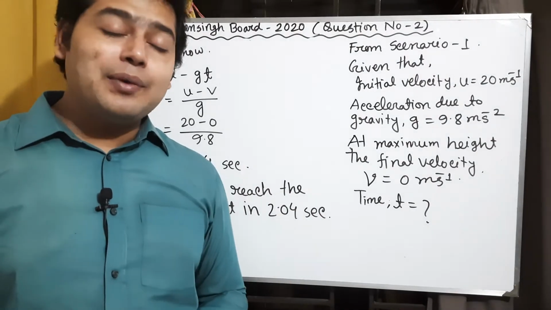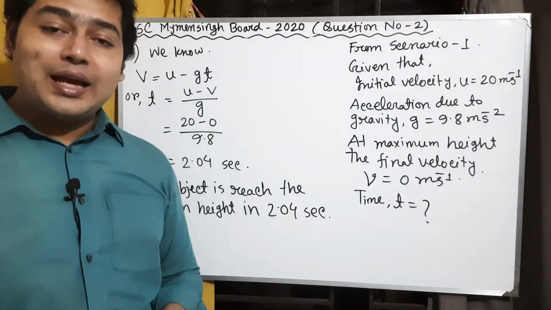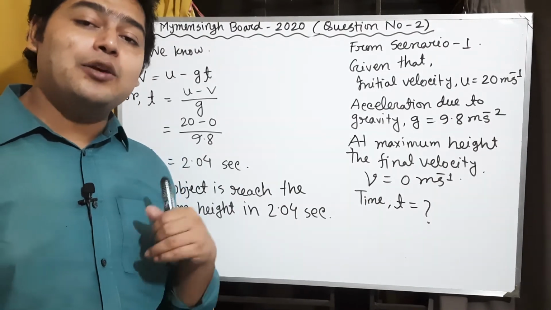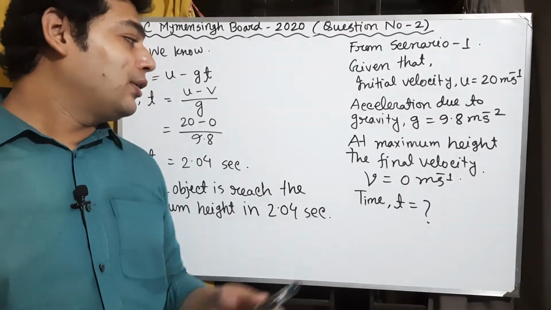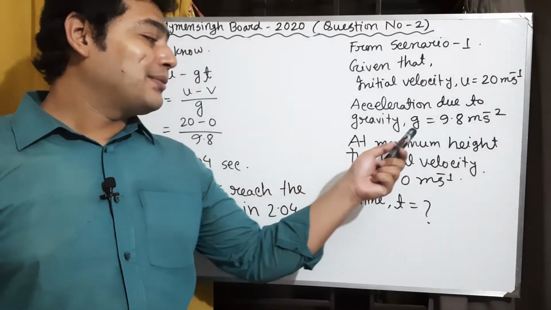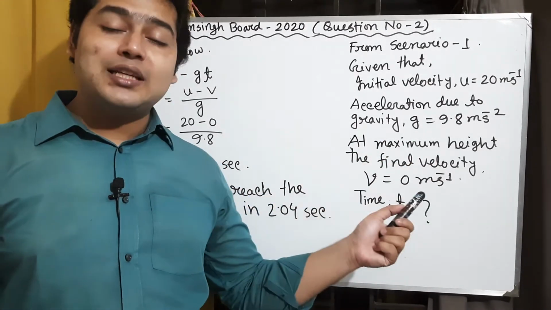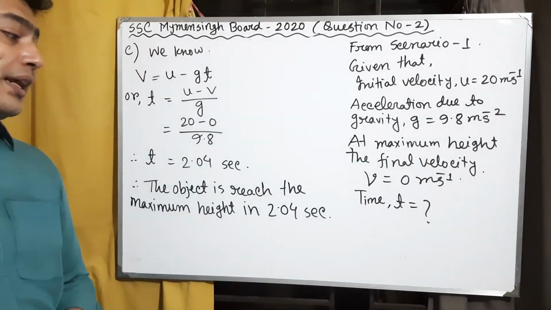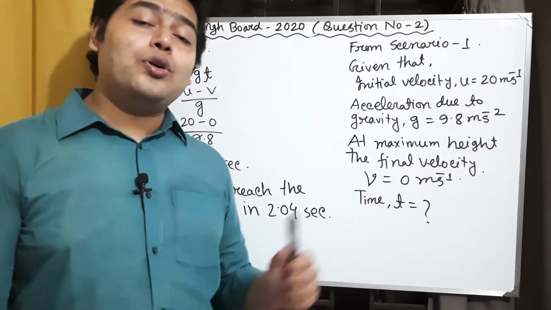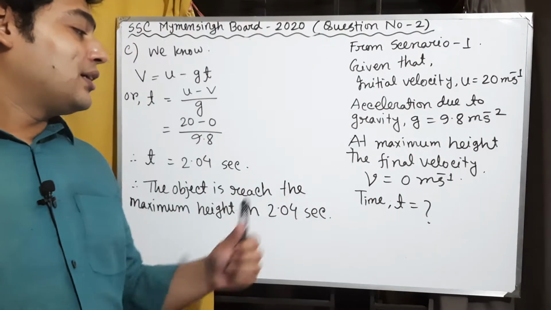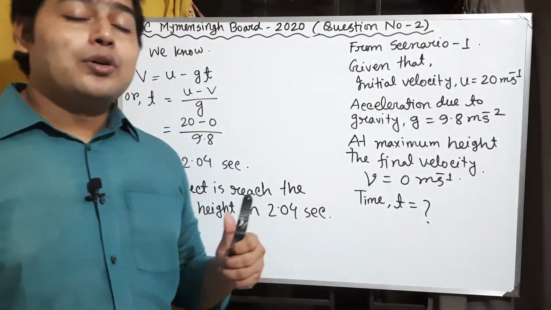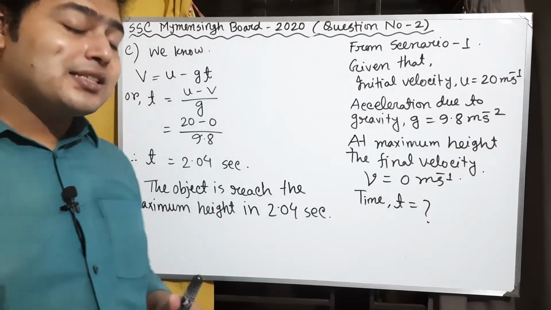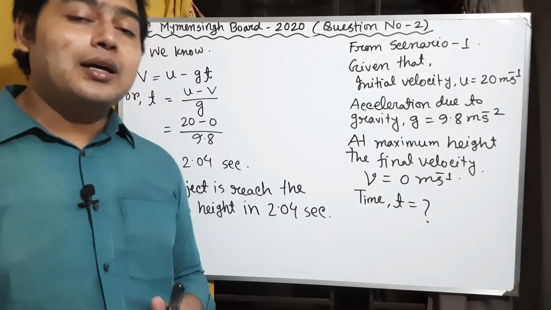At maximum height, the final velocity will be 0. So we can write v equals 0 meter per second, and we need to determine the time taken to reach the maximum height.